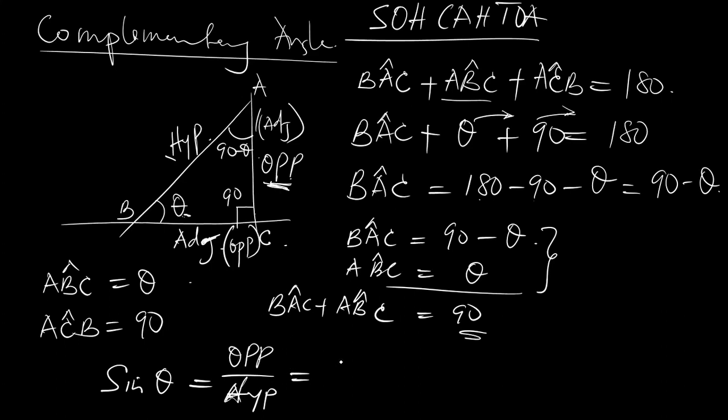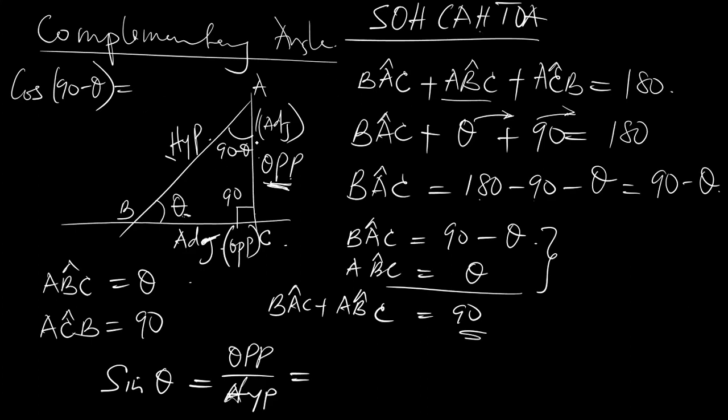Now, if you look at it critically again, you see that it's the same thing as, let's say cos 90 minus theta. For cos 90 minus theta, it is adjacent all over hypotenuse.